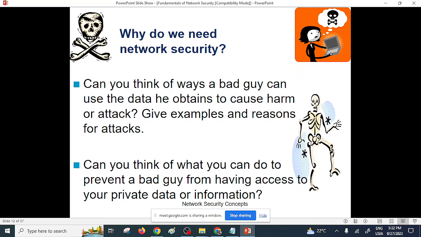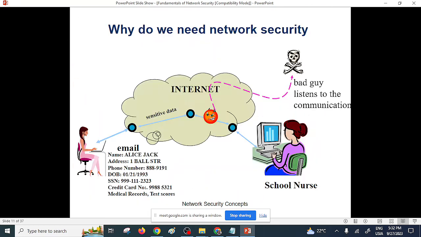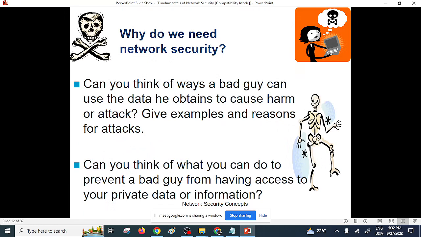Hello? What are some of the ways the bad guy can use the data he obtains, right, to cause harm or attack? Examples and reasons for attacks?